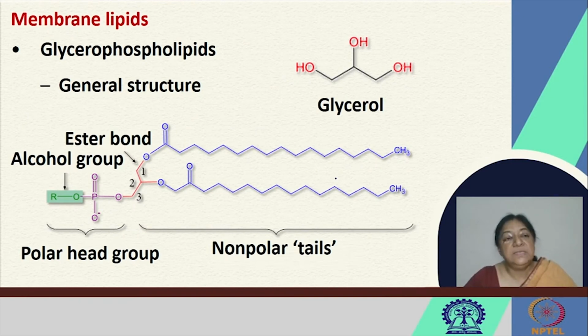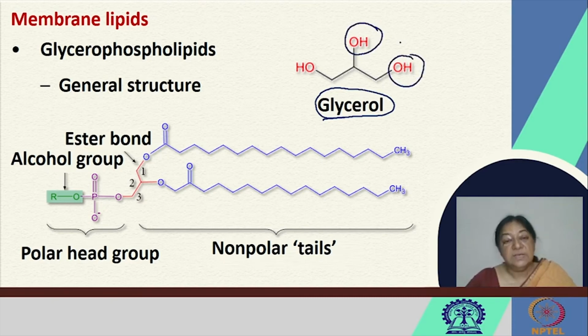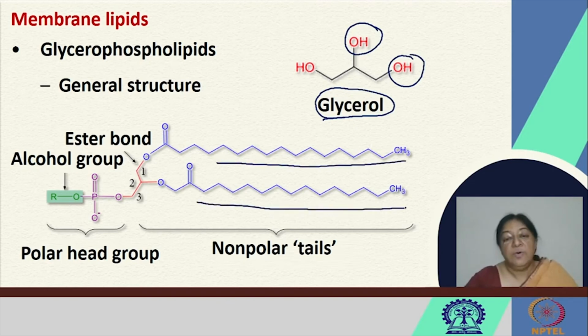Now, when we consider glycerophospholipids, we understand that these are all derived from glycerol. If we look at the structure of glycerol, which is CH2OH, CH2OH, CH2OH, in the case of these specific general structures of the phospholipids or the glycerophospholipids, we have two of these OH groups interacting or forming two fatty acid chains.